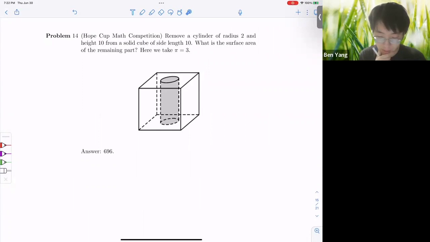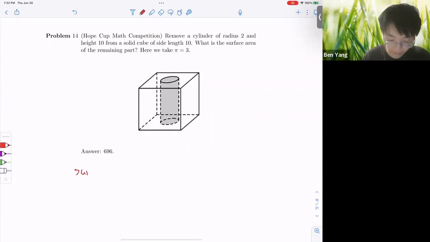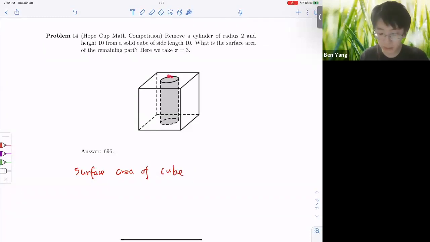The surface area of the remaining part equals the surface area of the cube, but then we remove the top circle and the bottom circle. So minus top circle, minus bottom circle.